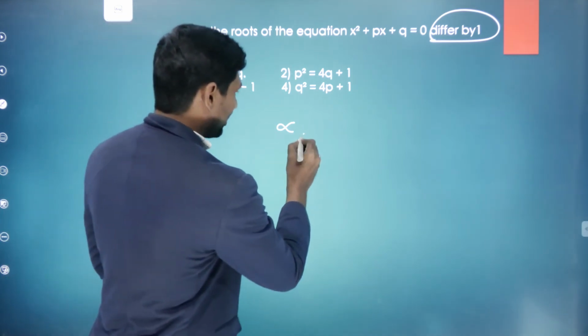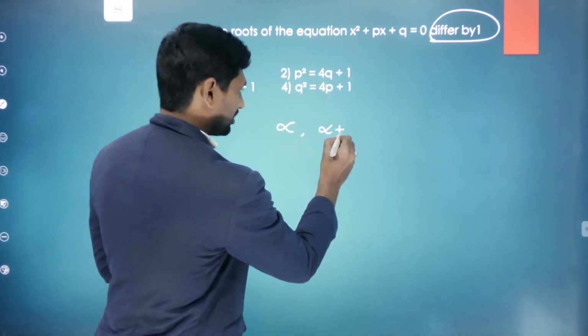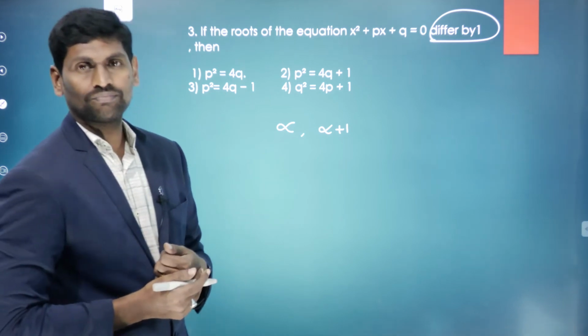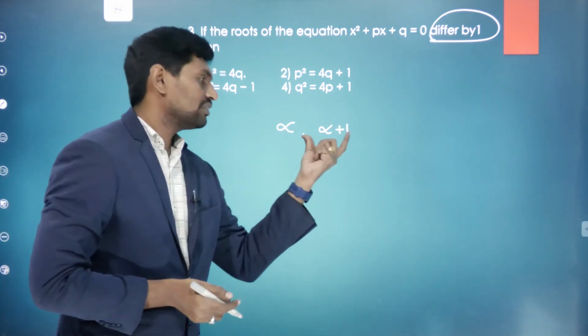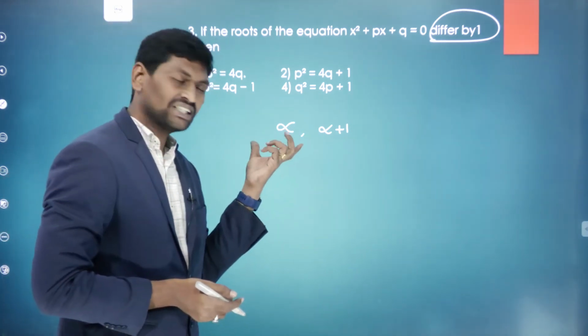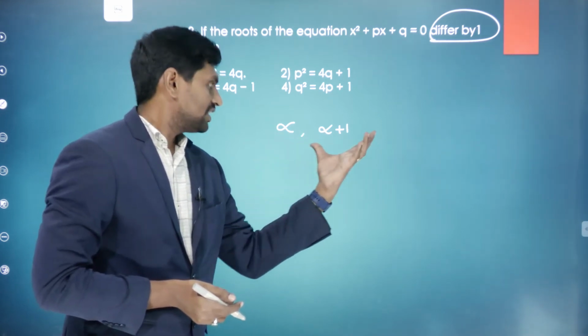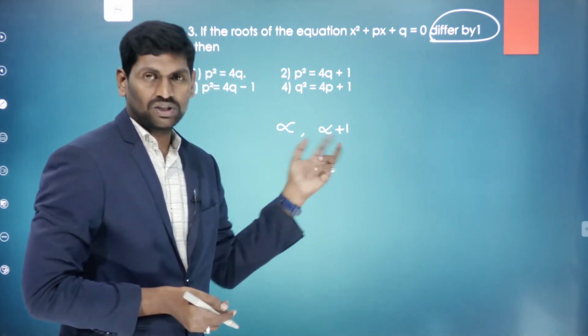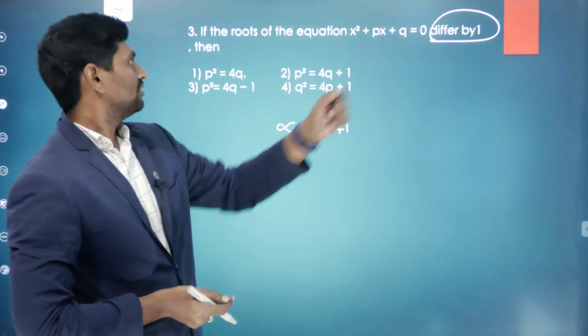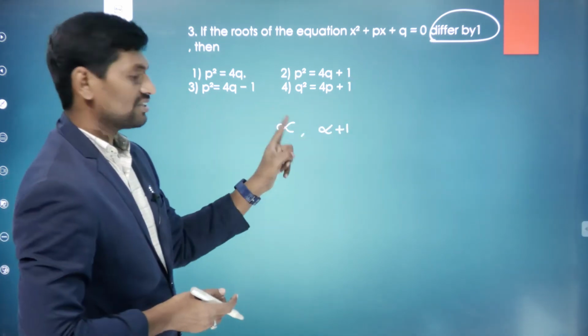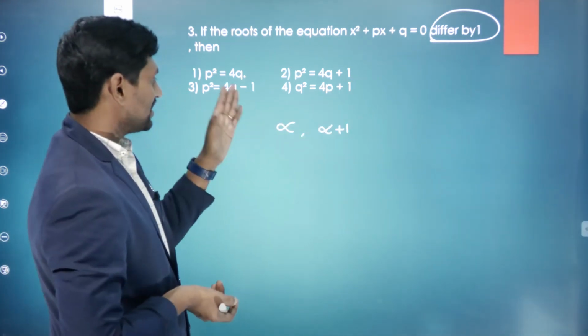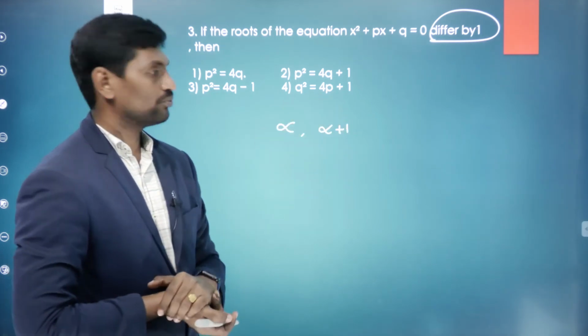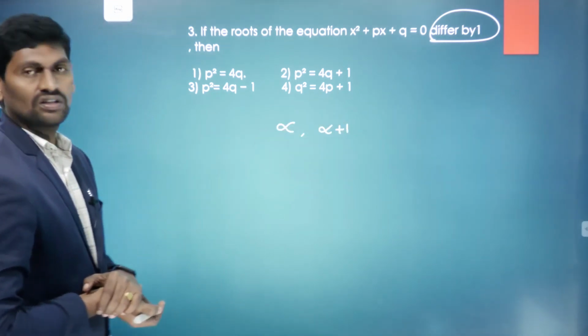Can we take second root as alpha plus 1? If alpha value is 5, then alpha plus 1 value 6. So, difference is 1 only, no? The roots difference between them is 1. So, we can consider alpha and alpha plus 1. Okay, no?